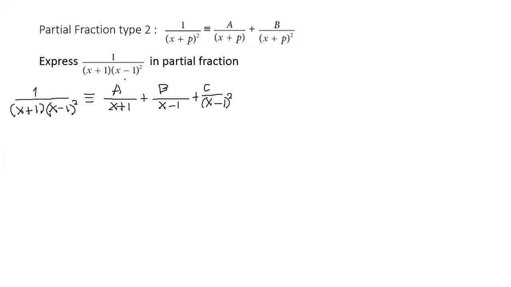Afterwards, these terms on the right side we multiply by x plus 1 times x minus 1 squared.